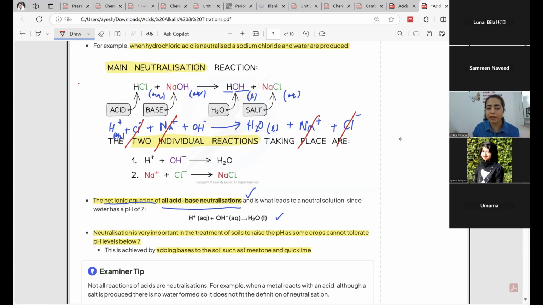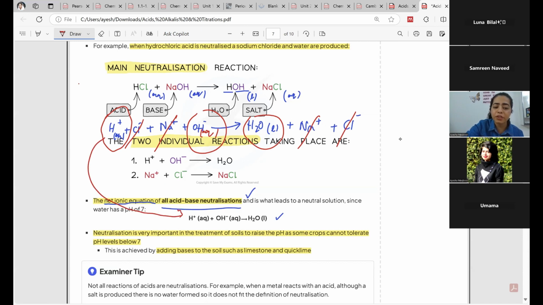Okay, these ions we can cancel. Now, what ions are left? H positive aqueous, OH negative aqueous, right? Yes. And on the product side, we have water. So you will just take them and write this equation over here: H positive aqueous plus OH negative aqueous gives you H2O liquid. So this is going to be your ionic equation.